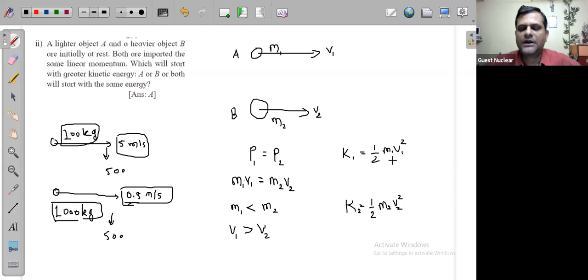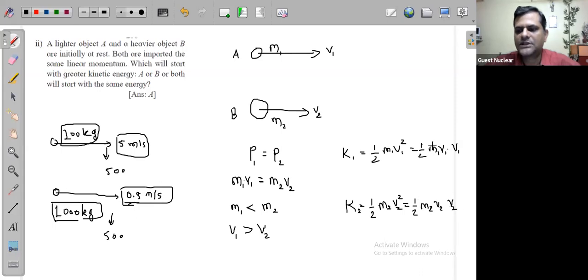If the momenta are the same, we can express this in terms of momentum and get half of m1 v1 into v1 as it is, and here also half of m2 v2 into v2 again as it is.